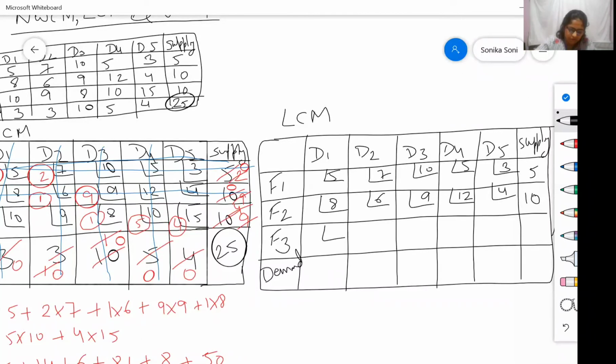Now we have 10, 9, 8, 10, 15 and supply as 10. We also have 3, 3, 10, 5, 4 as demand. Now total of supply is equal to total of demand, which is 25.